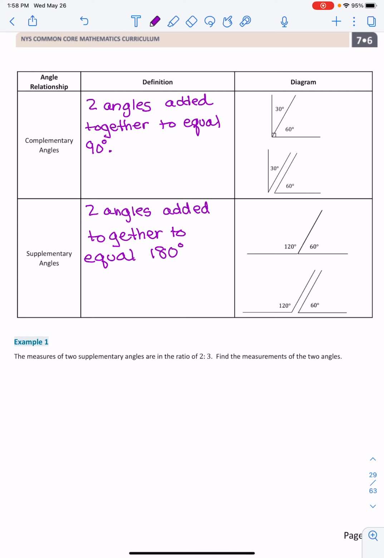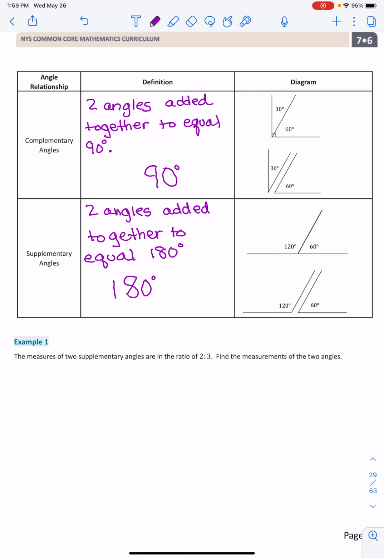Now, the way that you can remember this is complementary starts with a C, and if I bring a line down, it makes a 9, and I add a 0, and it becomes 90. Supplementary starts with an S, and if I use one line, I can make an 8, and then add a 1 and a 0, and it becomes 180 degrees.